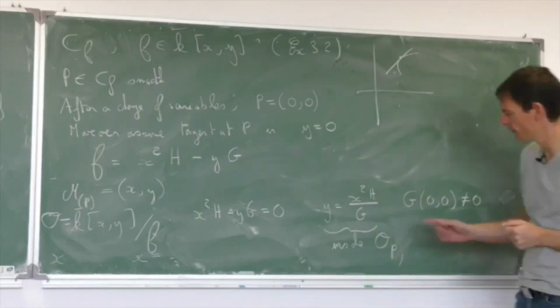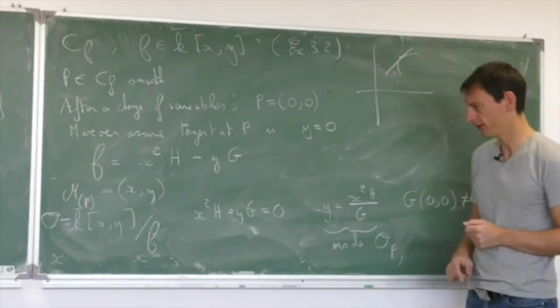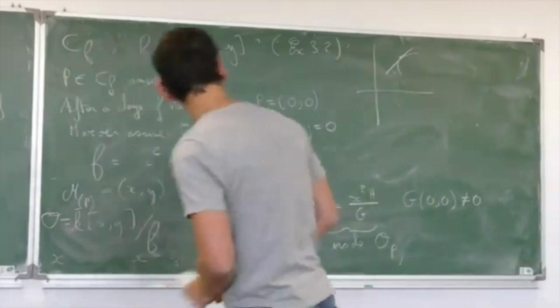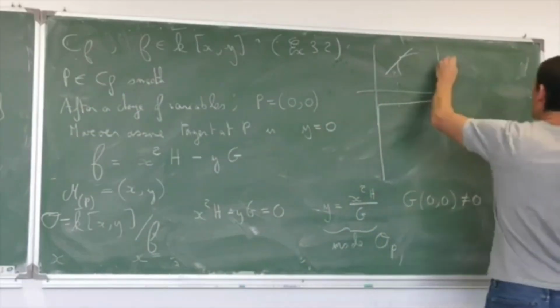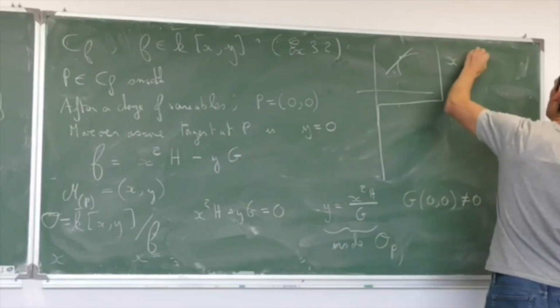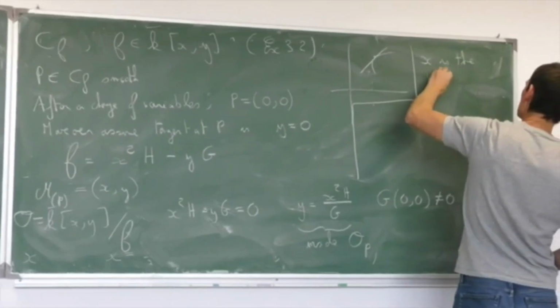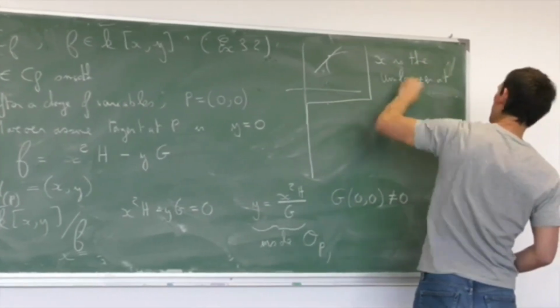Because now what I have done is that I have expressed y as a power of x. So x is going to be my uniformizer. This is the conclusion. So I can write it here: x is the uniformizer at 0, 0.